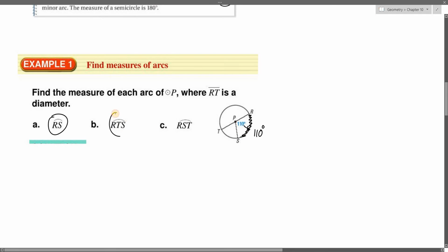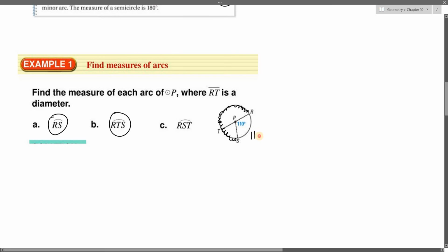All right, so let's look at letter B. Letter B says arc RTS. Is that major or is it minor? Hopefully you're saying major, and so our eyes should be going RTS. Notice the wording matters, so you're going to go all the way around like this with your eyes. Well, again, it's a simple subtraction problem.